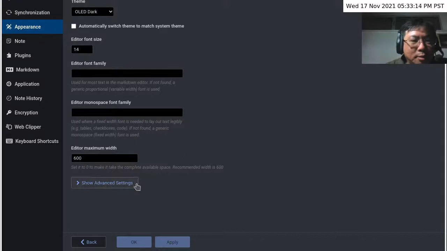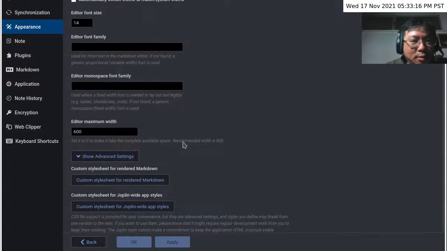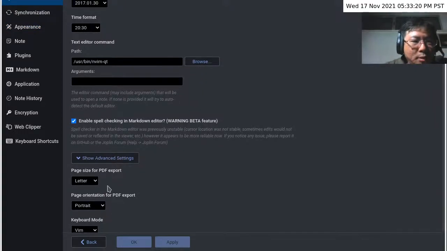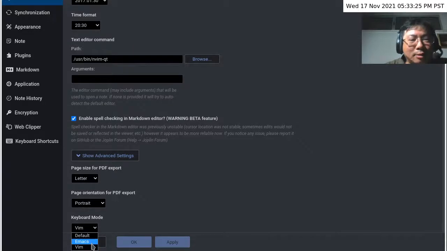I could be wrong. Let me check. Nope, it might be just general. And right here, you can see in keyboard mode, it has Emacs, Vim, and default. Default is basically, for those of you who like to use Microsoft Word, Notepad, and Notepad++, all the usual editors, the default is for you.